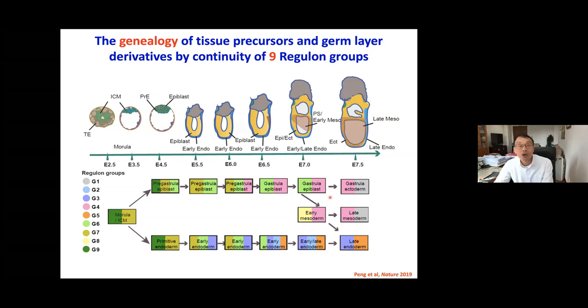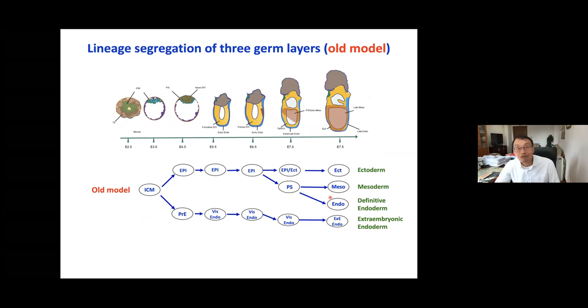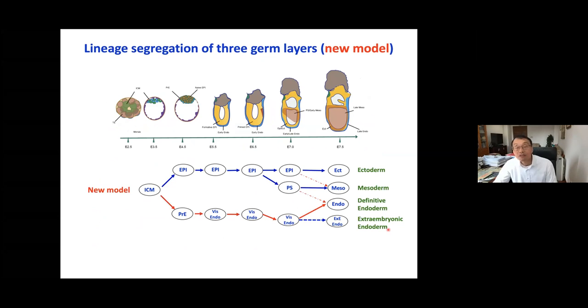In the old models, people proposed the ectoderm, mesoderm, and endoderm are all from the epiblast, and primitive endoderm mainly contributes to the extraembryonic endoderm. But in our new hypothesis, we propose the endoderm started separation with the primitive endoderm, which mainly contributes to the endoderm, the mesoderm also contributes to endoderm, and ectoderm and mesoderm have a common progenitor.